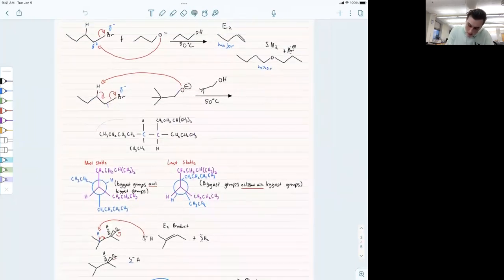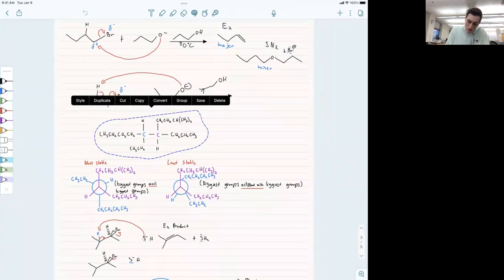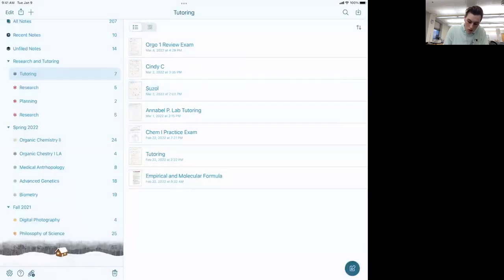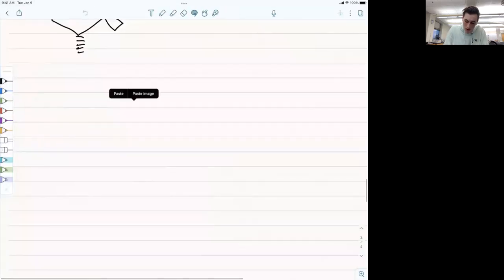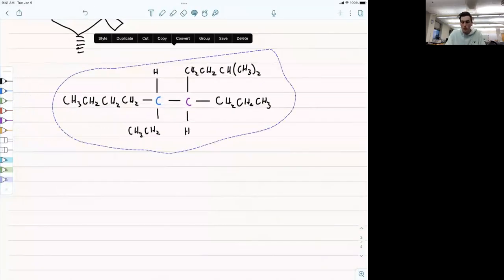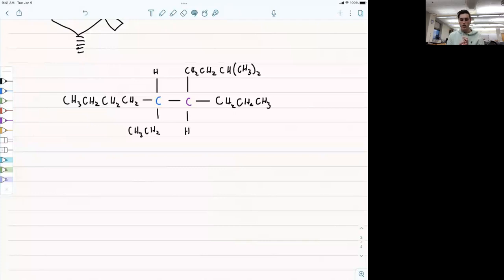No, I didn't. So if I have this molecule, the question asks, what is the most and the least stable conformer in a Newman projection?